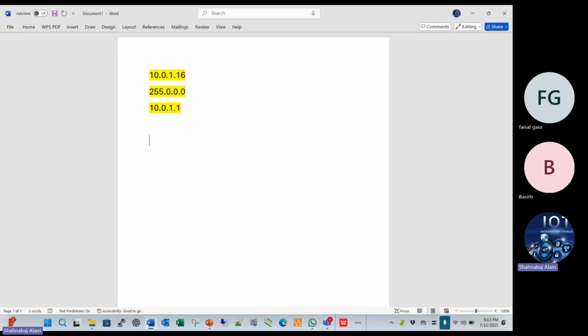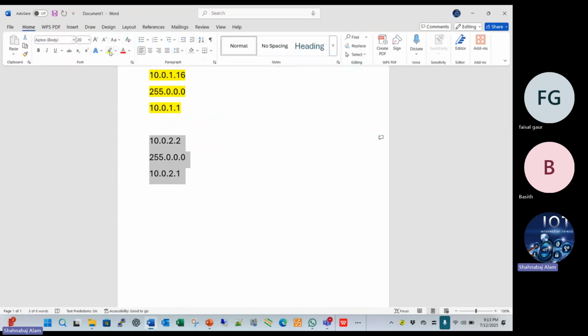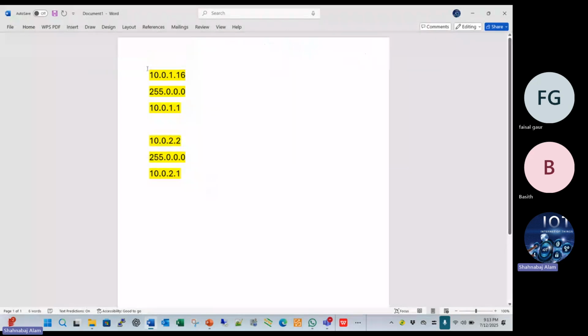And again, if you assign, suppose, 10.0.2.16 or 10.0.1.2, you can type any, with subnet mask 255.0.0.0 and gateway 10.0.2.1, this is also class A. Here we are only matching the one network ID.